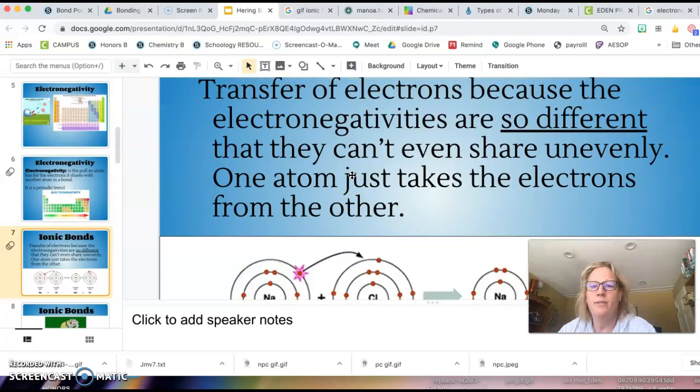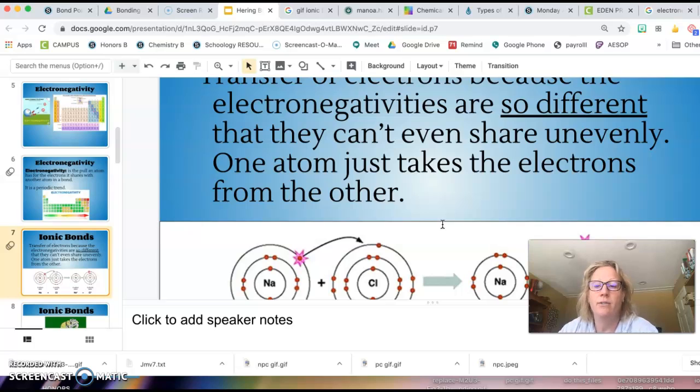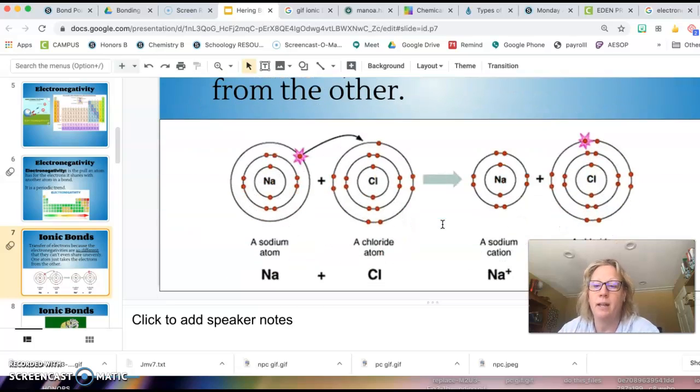In ionic bonds, the electronegativity difference is so big that they're not even going to share unevenly. One atom will just take the electrons away from the other. An example is sodium chloride, table salt. The sodium will give its electron to the chlorine, and then you get a positive sodium ion and a negative chloride ion.